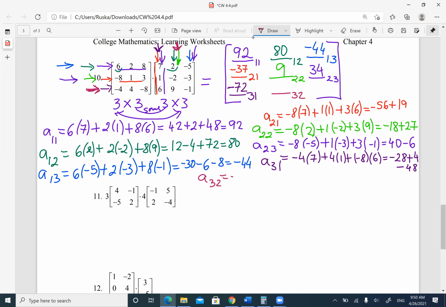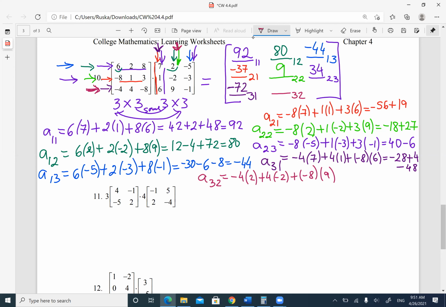So it's going to be negative 4 times 2 plus 4 times negative 2 plus negative 8 times 9.